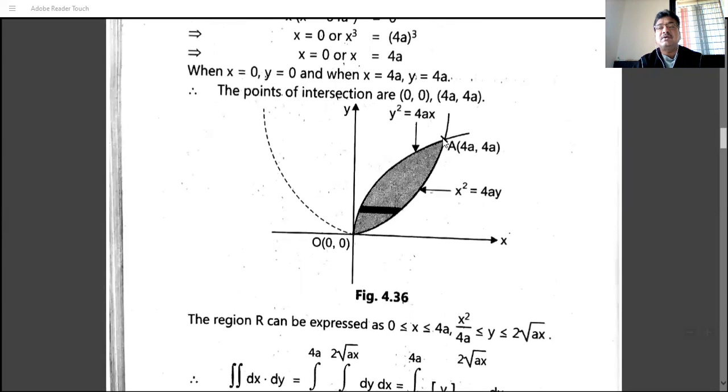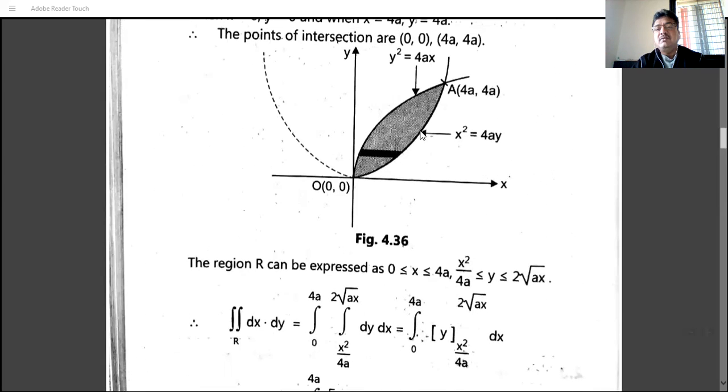But this is the first quadrant, so in the first quadrant coordinates are all positive, and so take y as 4a. Therefore the points of intersection are (0, 0) and (4a, 4a).